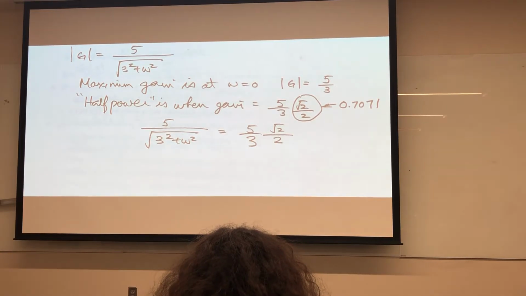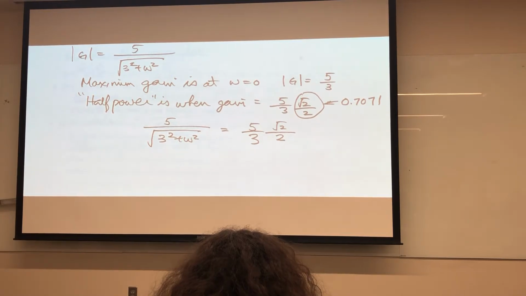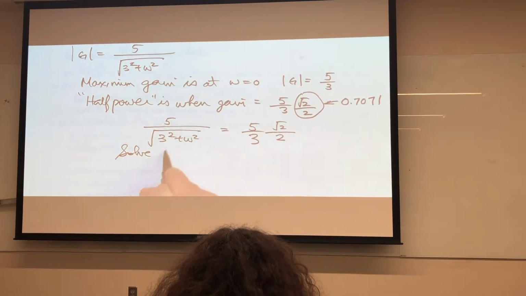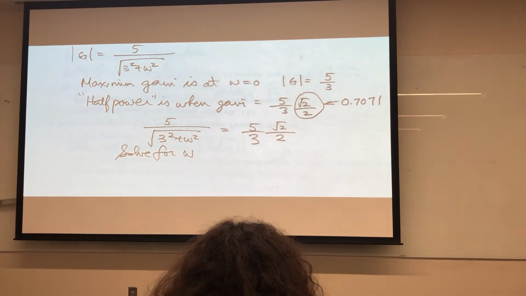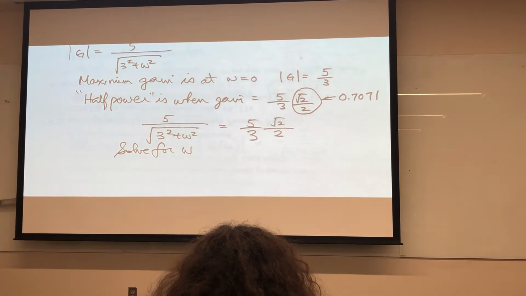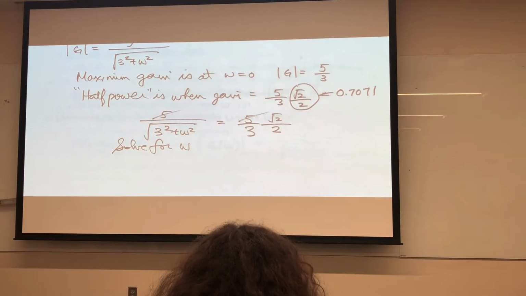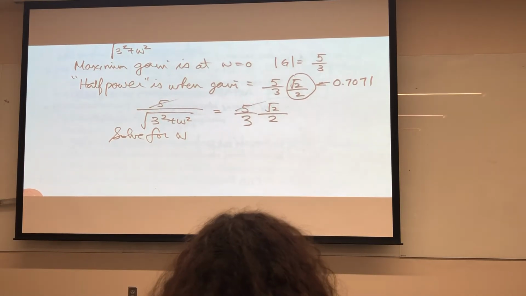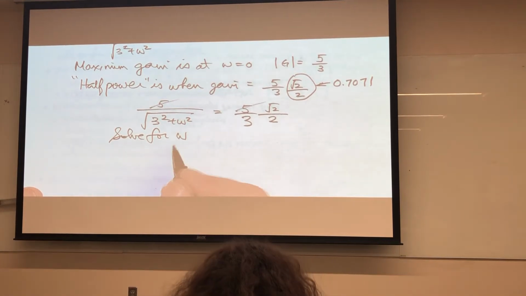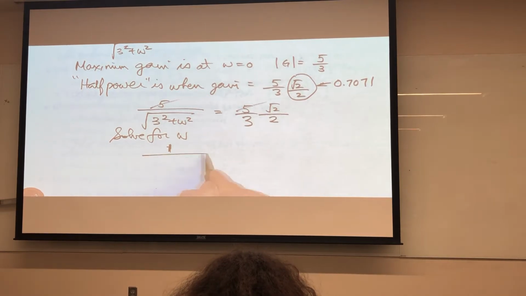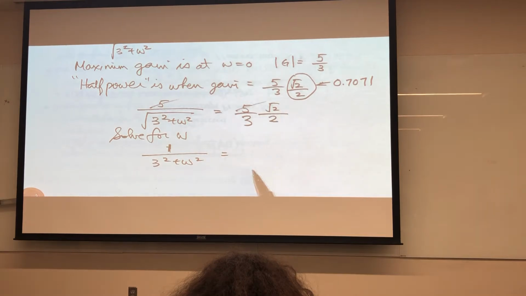Okay? This is algebra for us now. Let's see, the 5 cancels out. Let's square both sides. 1 over 3 squared plus omega squared. Let me square this side.